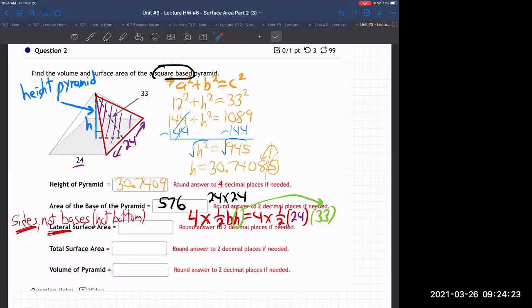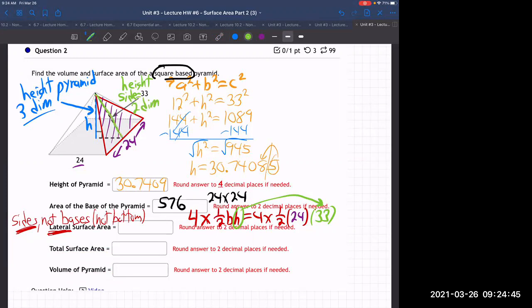So we got to keep all these different words straight. So the height of the pyramid is 3-dimensional height, right? 3 dimensions, real height. Whereas this right here, this is the height of just the side. That 33 is the height of just the side, meaning it's 2-dimensional, it's flat, right?